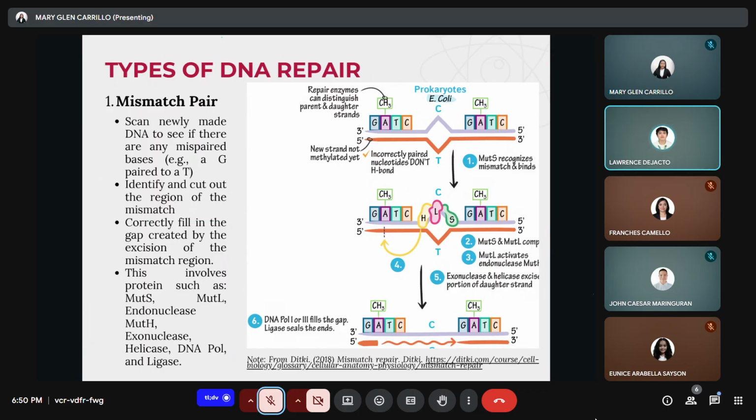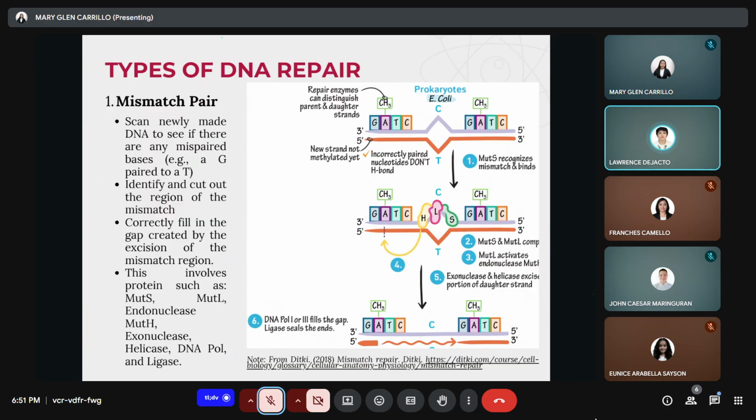So if there is an incorrect match near the GATC, it recognizes it, and then MutL will complex with MutS, and then MutL activates endonuclease MutH, which will create a nick within the daughter strand.